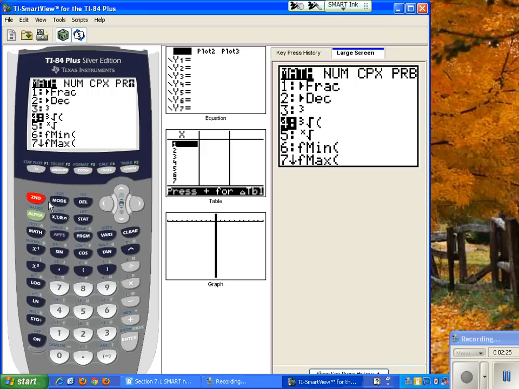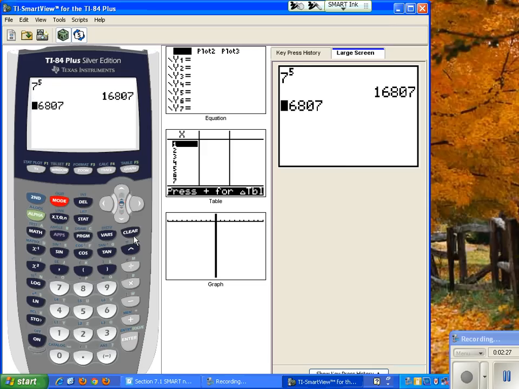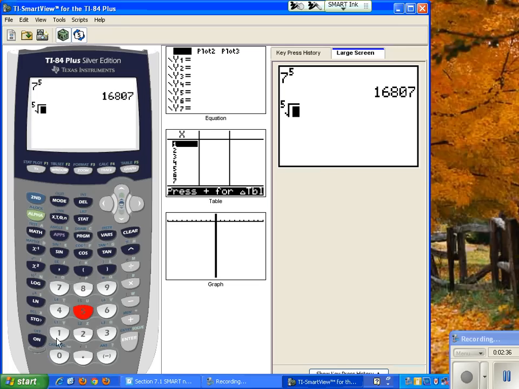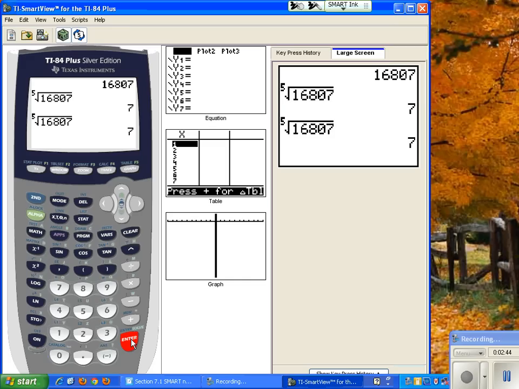Go back to my home screen. You want to do the root first, which is 5, and then go to math and number 5. So the fifth root of 16,807 is going to give me an answer of 7. So that's the way that you can use your calculator to check your answers.